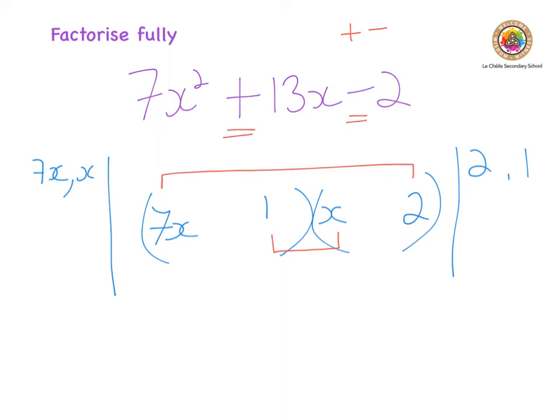So I'm just going to multiply out these two here. 7x times 2 gives me 14x. And 1 by x gives me 1x or x. And I want to get to 13. So I know that this has to be minus and that has to be plus. So I'm going to put my plus with the 2 and my minus with the 1. And then I'm correct. And so that's my answer: 7x minus 1, bracket, x plus 2.